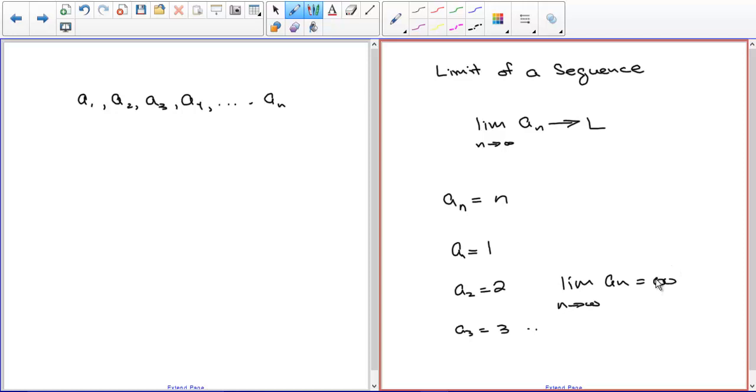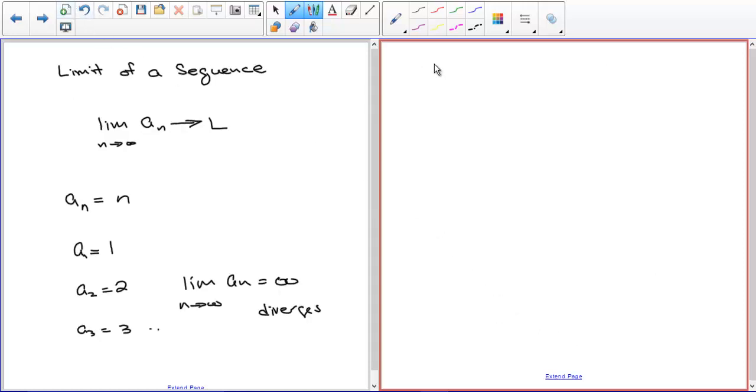Or more likely you'd say it diverges. I'm not adding them together here, I'm just saying, as I increase n, the value of the term in the sequence increases. And if I let n go to infinity, then it's just going to be infinity.